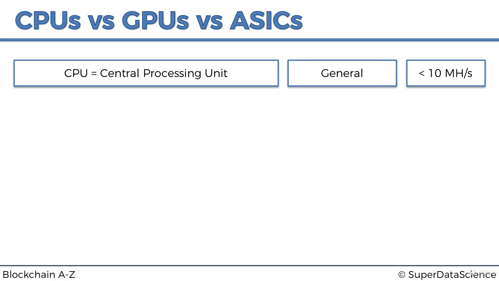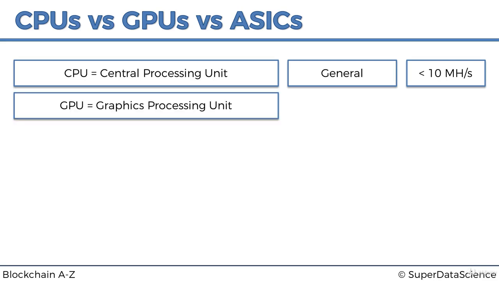So then we move on to more specialized devices, and the first one is a GPU, the graphics processing unit. That's basically the video card, the graphics card in our laptops or computers. And why is it specialized? Because it is designed to work with graphics, and the operations that it is specialized for are matrix operations.